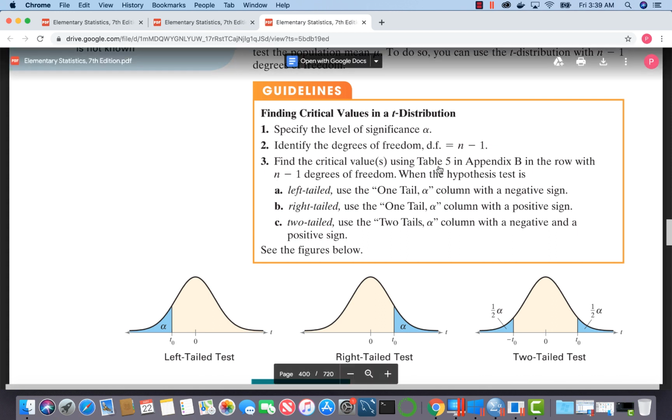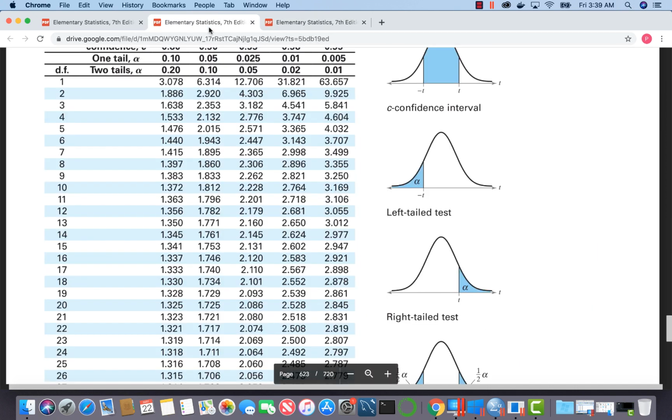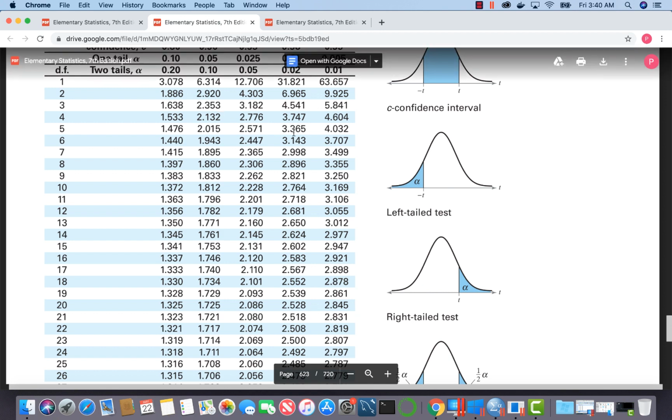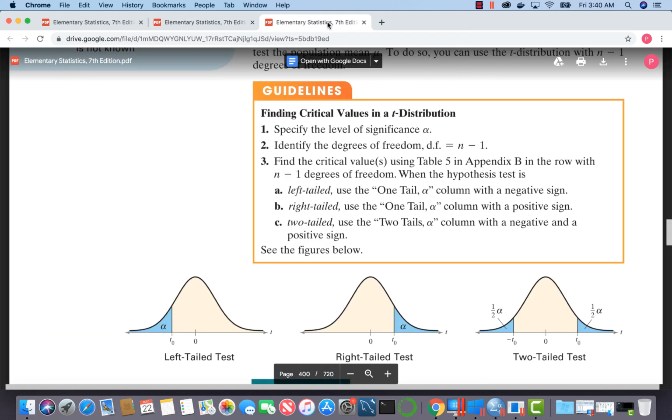With alpha and the degrees of freedom, we can use the t-table, namely this one, and we can obtain critical values by using this table.